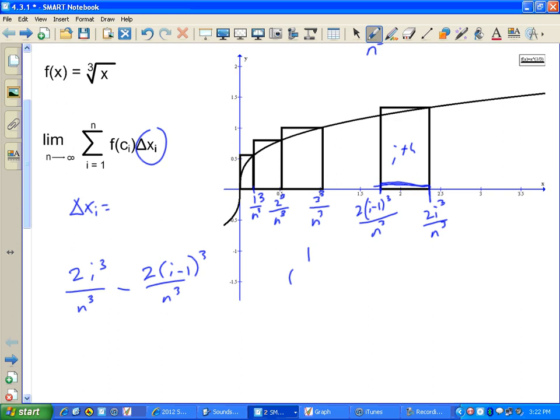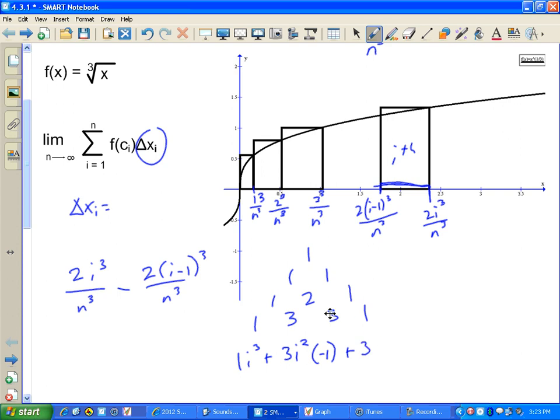So I'm going to use Pascal's triangle. So this is my coefficient of the first term, and i gets all of the powers. This is the coefficient of my next term, the 3. i gets 1 less power, and the negative 1 gets 1 power.